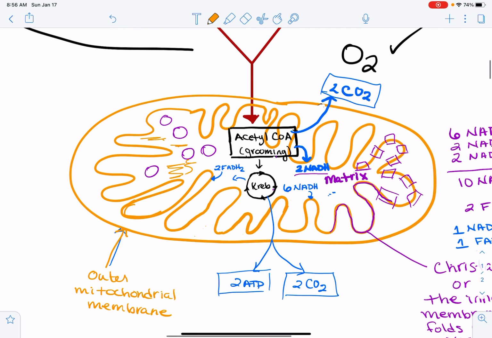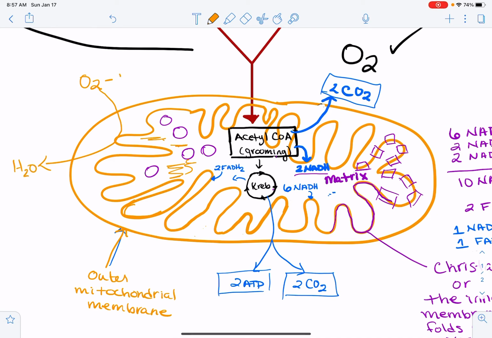So oxygen is going to come into the electron transport chain, because it is used in the electron transport chain as the final electron acceptor, and it produces water.